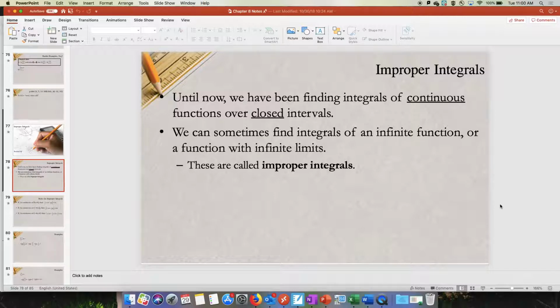So now we're going to open up the possibility of infinity or negative infinity as a limit of integration, or taking a discontinuous function and breaking it into some open intervals so that we can evaluate where we have that discontinuity. Okay?